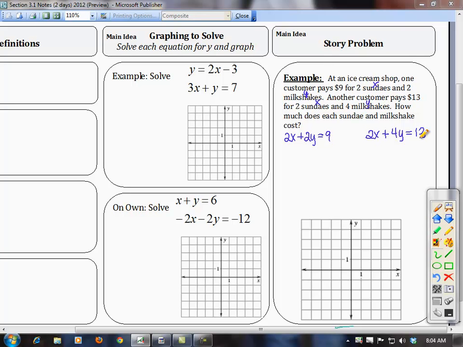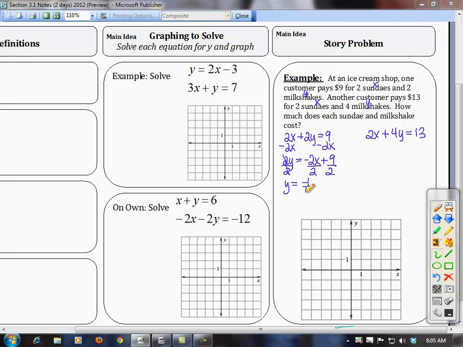Okay, so let's start with the first one. I'm going to subtract 2x so that I can get y by itself. So I have 2y equals negative 2x plus 9, because 9 is positive. I then have to get rid of the 2 in front of the y, so I divide by 2 on each of these. Y equals, well, negative 2 divided by 2 is negative 1.